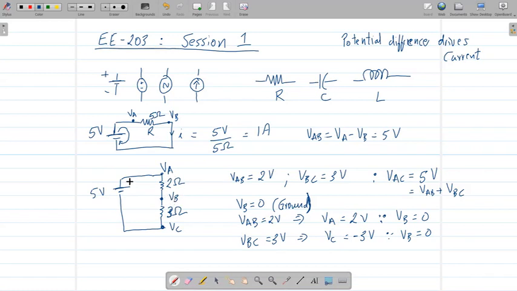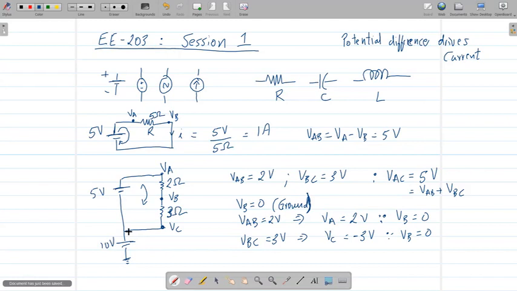Eventually, whatever is the current flowing in this circuit is driven by the 5 volt battery, and that's what is causing things to happen. Now, if this circuit were connected in a manner that I have another battery here, say 10 volts, and this is connected to ground.